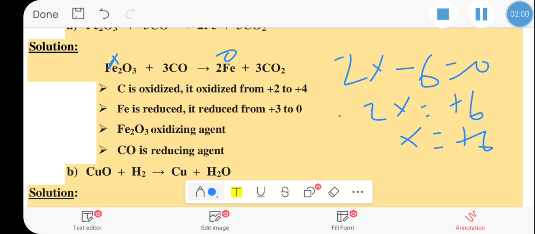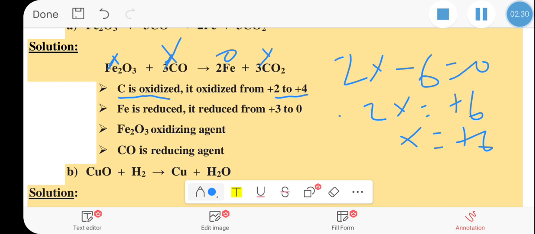On the other hand, when we come to carbon, from plus 2 it is oxidized to plus 4. Therefore, carbon is oxidized because its oxidation number increased from plus 2 to plus 4.